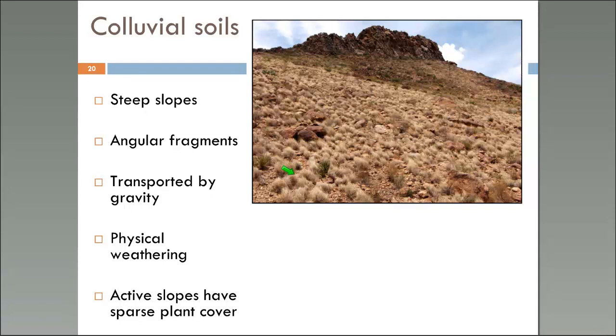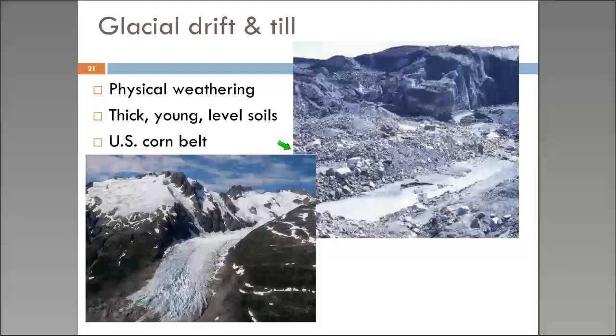Those slopes that are very active that you might see, say, driving through the Rocky Mountains, have little to no plant cover because they are so active. And then glacial drift and till. I haven't spent much time at all on glacial soils, because in the United States they're quite a ways to the north, and still we have active glaciation, especially in Alaska.